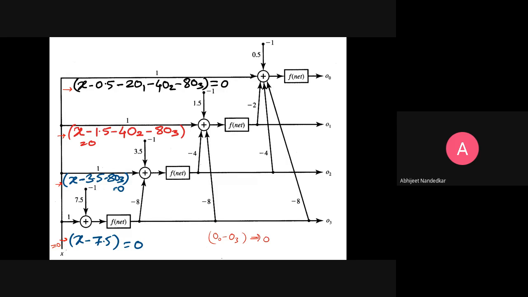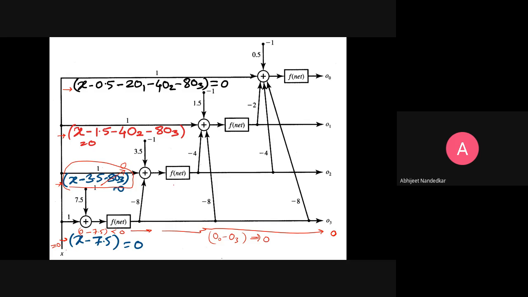Now suppose my input is 0, then this will be 0 minus 7.5, which is less than 0. So the output transferred on this line is 0. Now when you go to this particular neuron, since O3 is 0, this term will be 0.